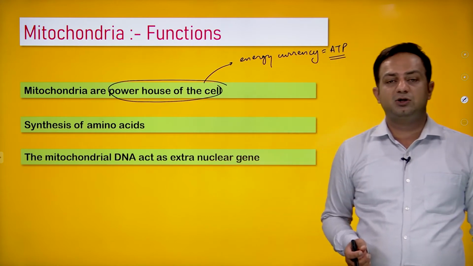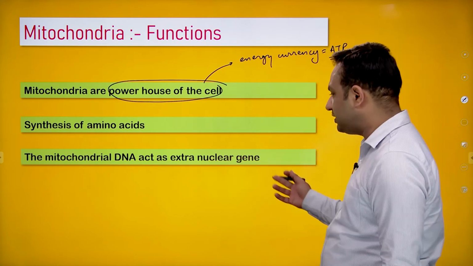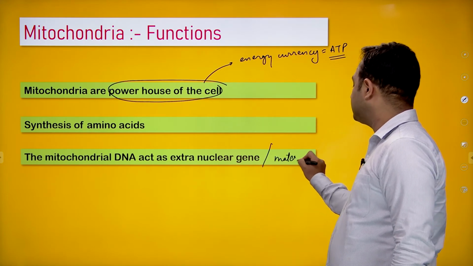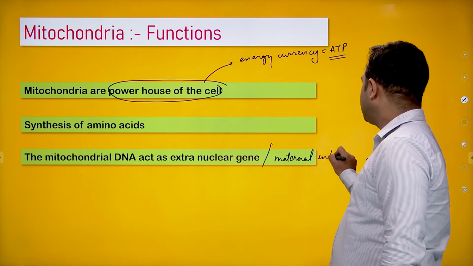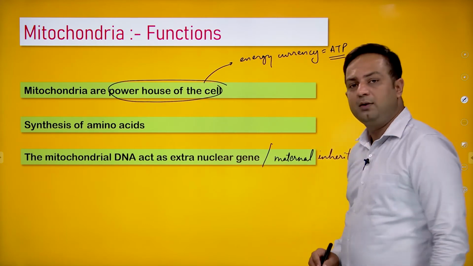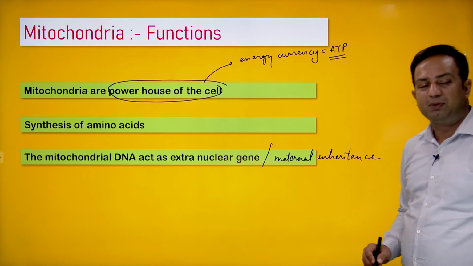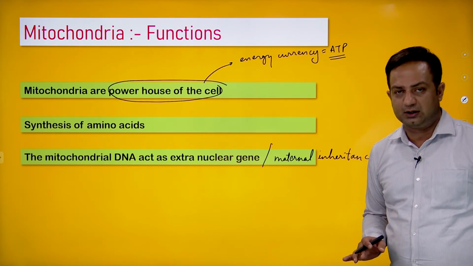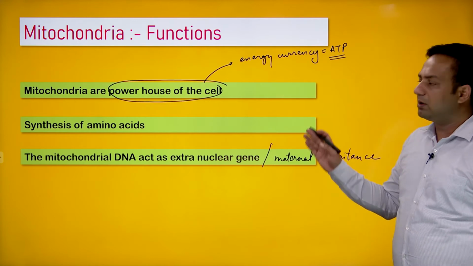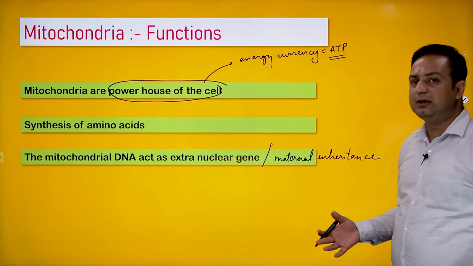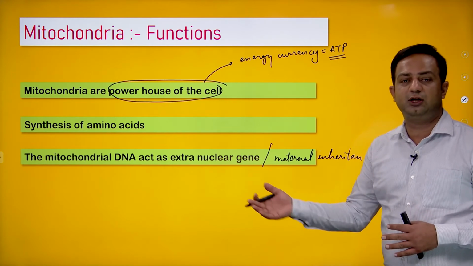Thirdly, they are responsible for extranuclear genes, or maternal inheritance. There is a separate topic, principles of inheritance, cytoplasmic inheritance, where we study maternal inheritance, not here. Because of maternal inheritance, you can even study evolutionary patterns.